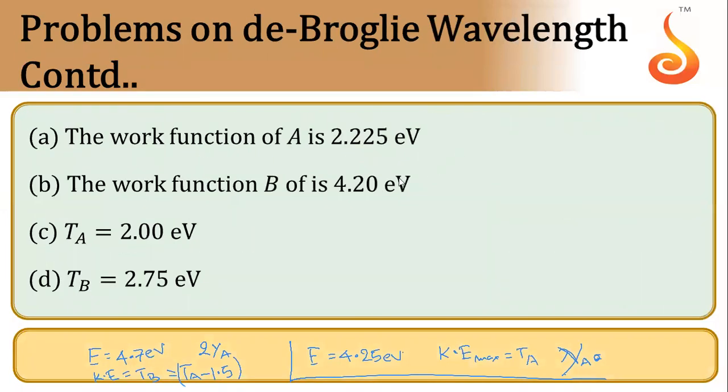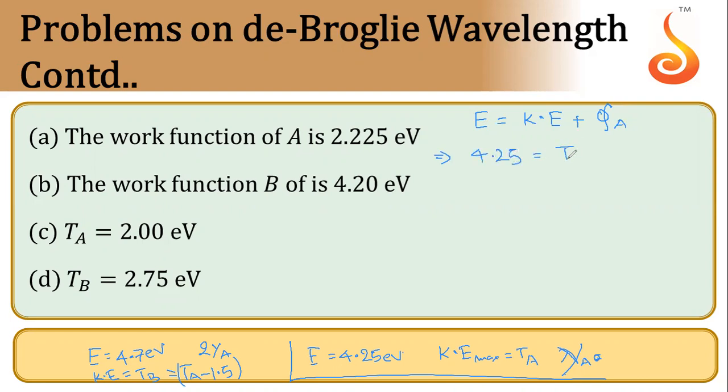So let's solve this one. You are supposed to find the work function and the relation between the kinetic energies. For the first case, we know that the energy of the photon gets distributed between the kinetic energy of the photoelectron and the work function of the metal. So for the first case, total energy is given as 4.25.